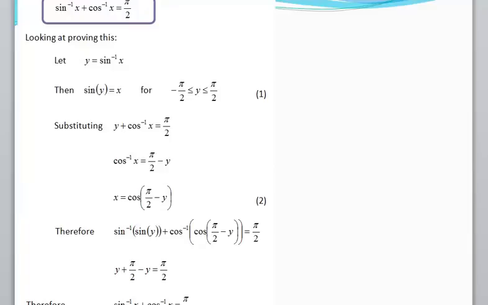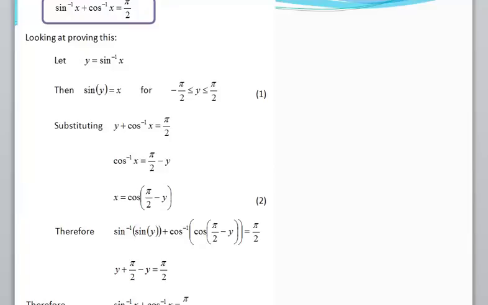Then we can substitute our y back into our original equation. So y plus our inverse cosine of x is equal to pi on 2. So our inverse cosine of x is equal to pi on 2 minus y. We move our cosine over: x is equal to cosine of pi on 2 minus y.